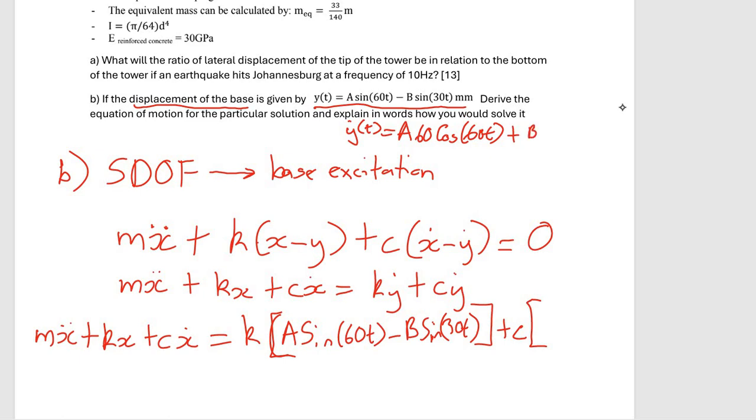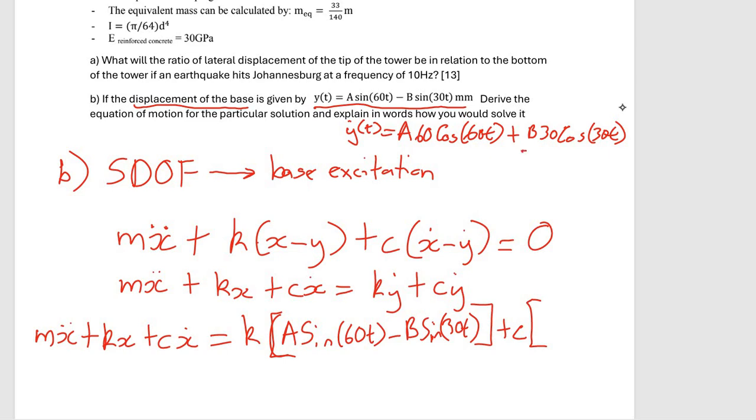b multiplied by 30, and in this case it's also going to be cos of 30t. Okay, so that is the derivative that we're going to substitute in here, right?